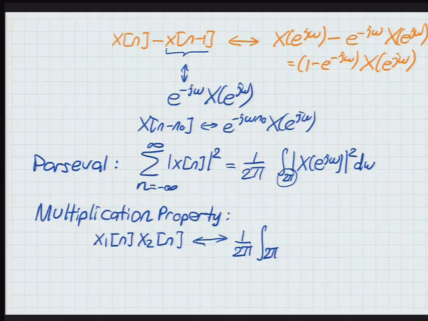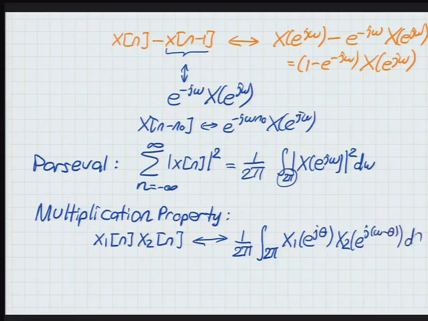You keep one of the functions as is. Let's say X1 remains a function of e to the j omega, but I'm going to use a dummy, call it theta, right? And then X2 will be flipped with respect to theta and dragged by omega, e to the j (omega minus theta), integrated over theta, which is our dummy variable, right? So the integration will erase theta. Once you do the integration, theta is gone.